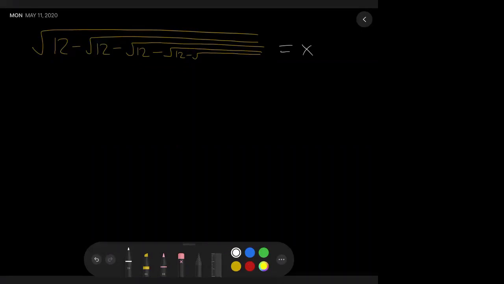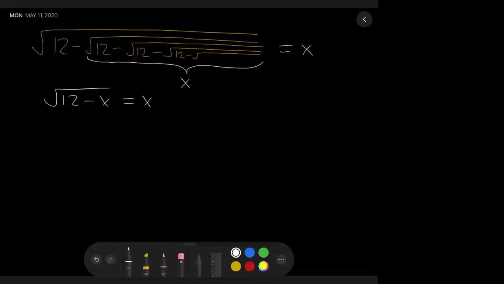Now, what's the difference between this entire thing and this entire thing? Well, they're the same thing, right? This is also x. So we can actually change this into square root 12 minus x is equal to x.